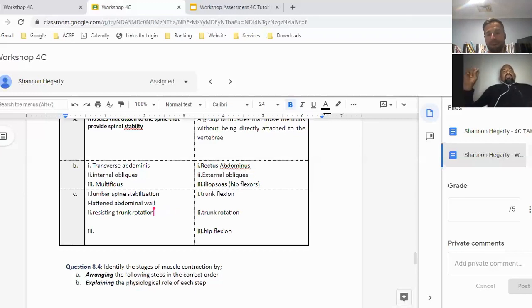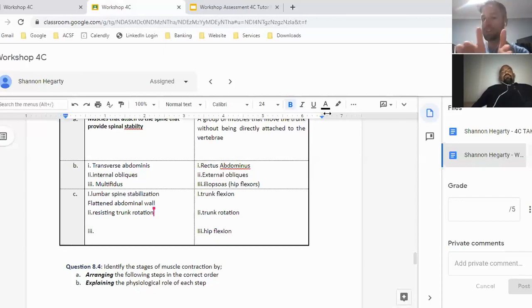The rotation has to whip, but also stay steady at the same time, so their spine's not all over the place. Exactly right. They also don't want to overcompensate by rotating their trunk too much and coming off that line. If I'm trying to run this way, but my trunk is doing this, I'm wasting a lot of energy as well.